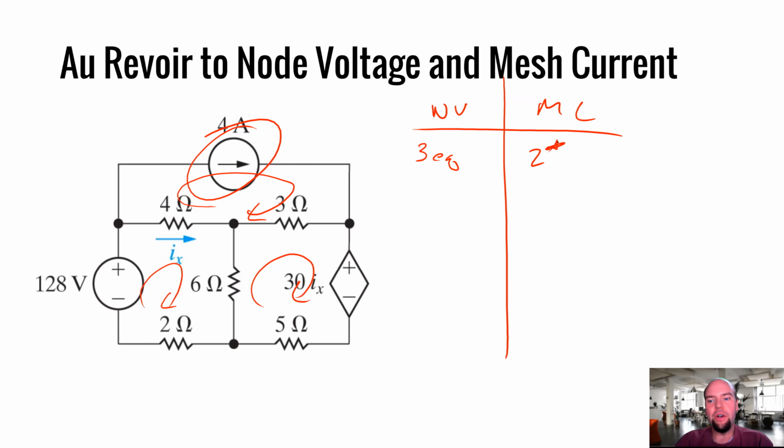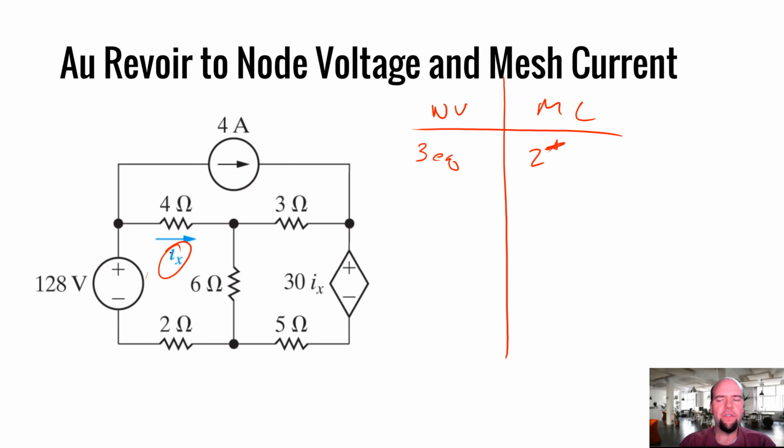So immediately, that's a big, strong point in favor of mesh current for analyzing this. I didn't say what I was solving for, but let's say we're solving for this IX here. Okay, so right now, winner mesh current here, just based on the equations, but let's keep going through.